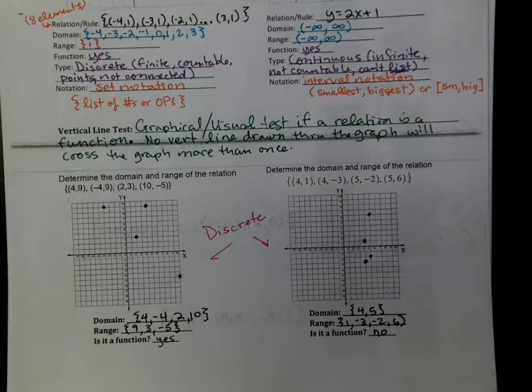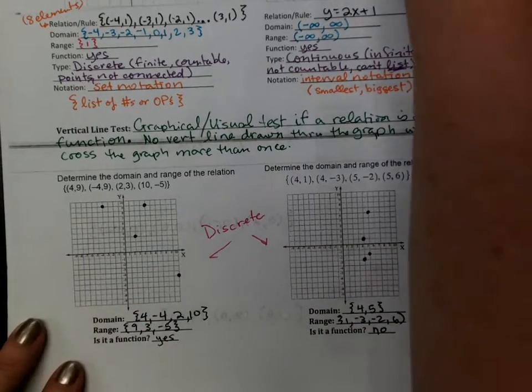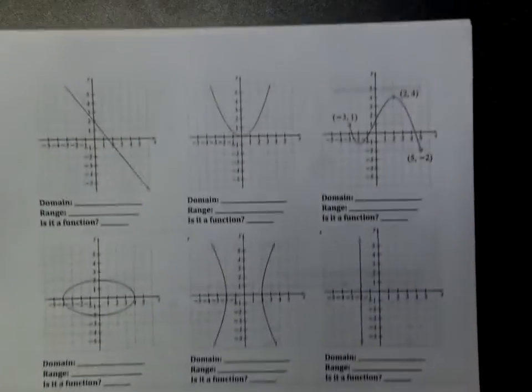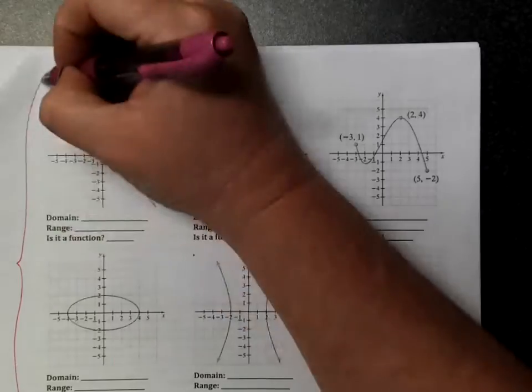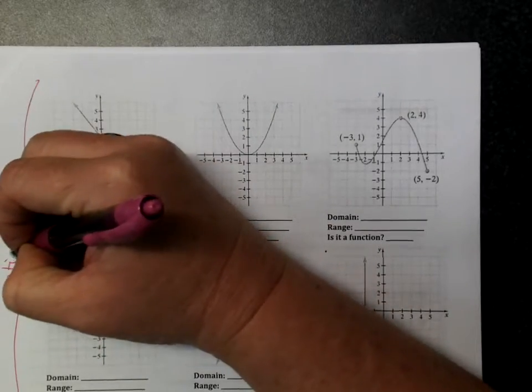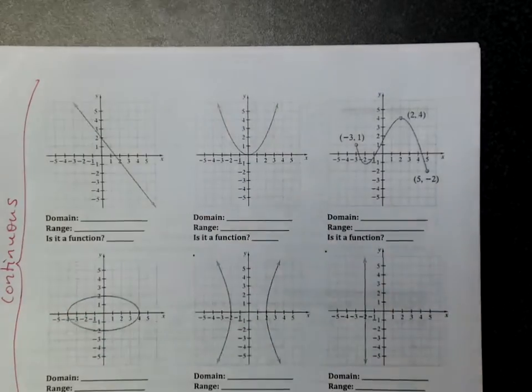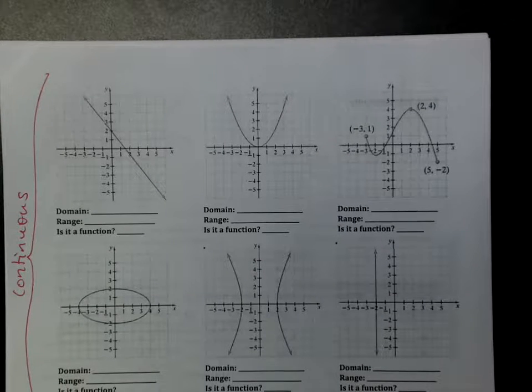Okay with that? Okay. We're going to move into continuous then. These are both discrete. And now we're going to hone in more on the continuous, the ones we're going to spend more time with. So these examples right here are all continuous. Now, continuous doesn't mean necessarily they have arrows going off into infinity.